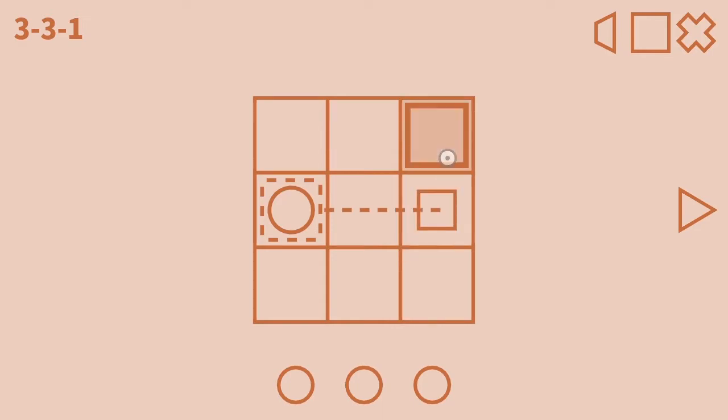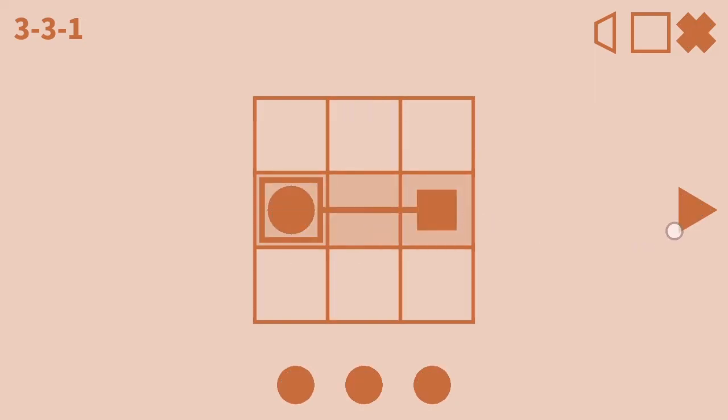Third rule. Since that's there, it works. Since they're separated.